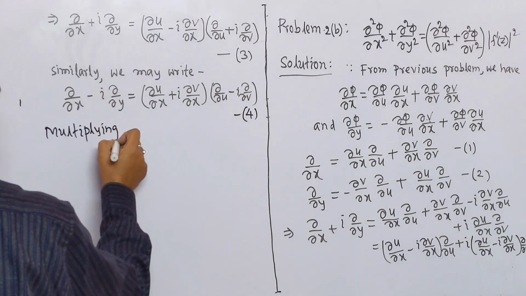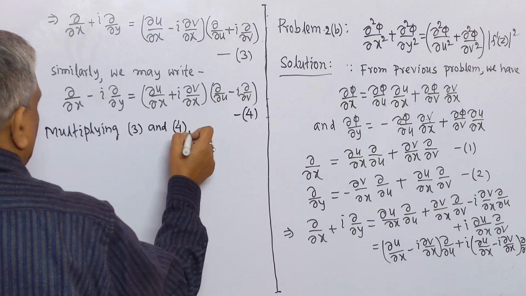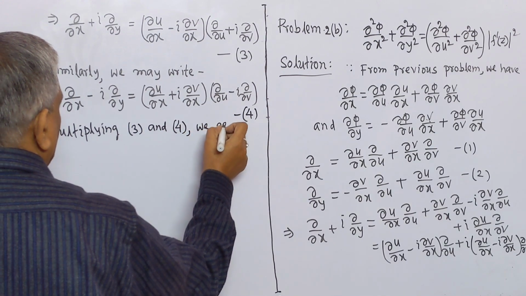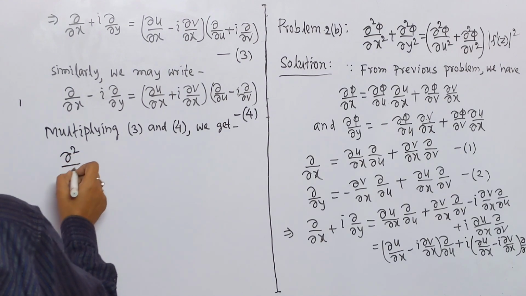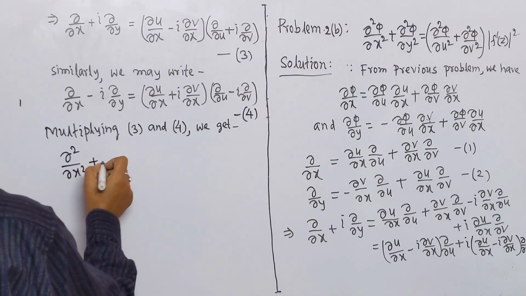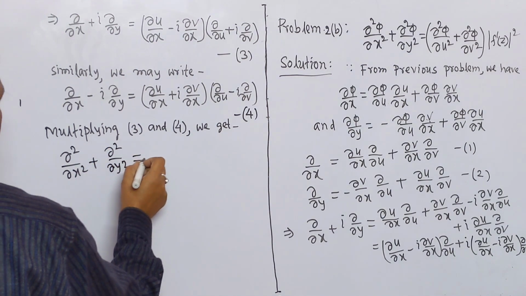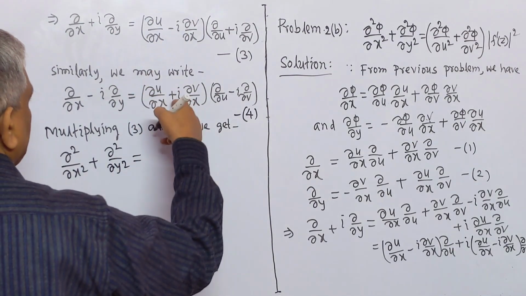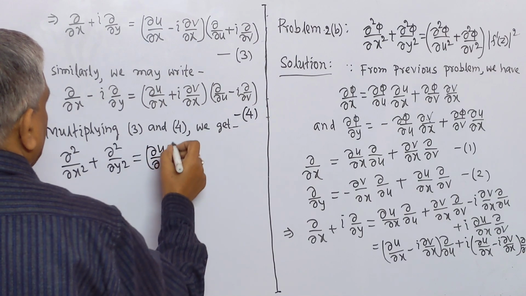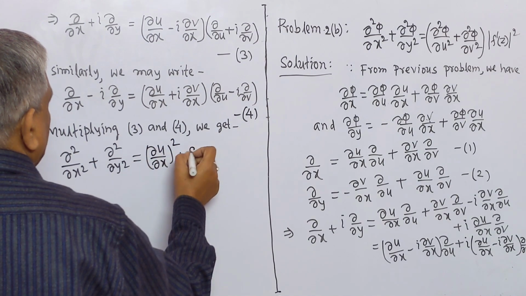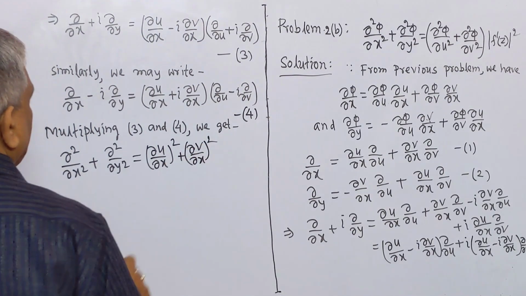Multiplying 3 and 4, we get del 2 by del x square plus del 2 by del y square. This equal to, here minus here plus, so del u by del x whole square plus del v by del x whole square.